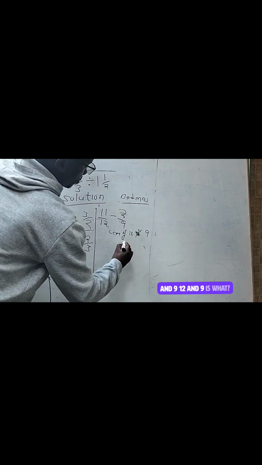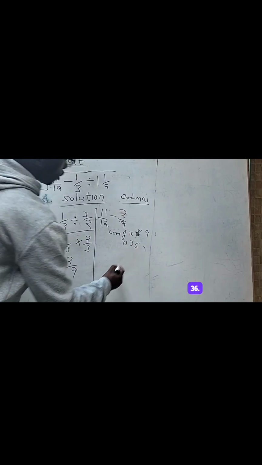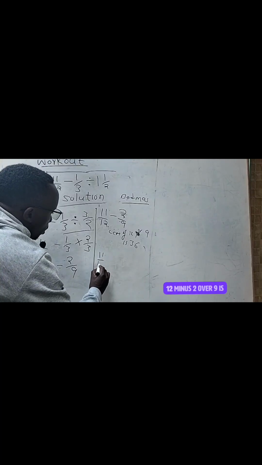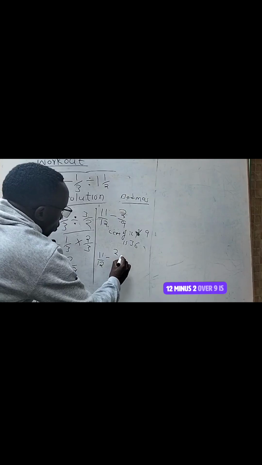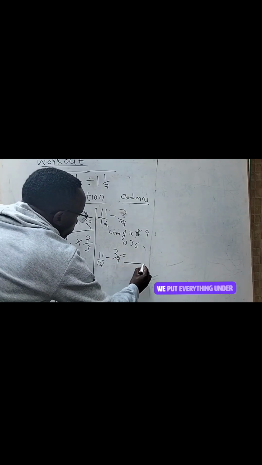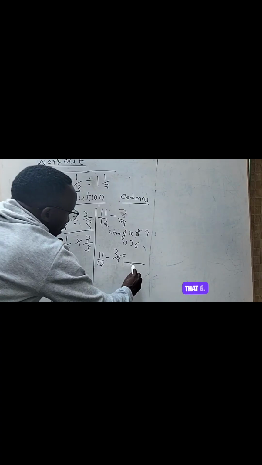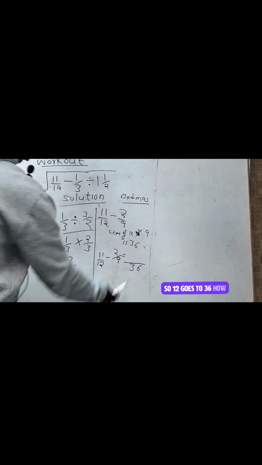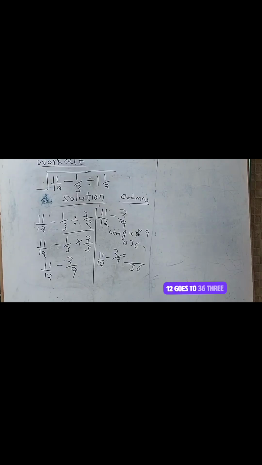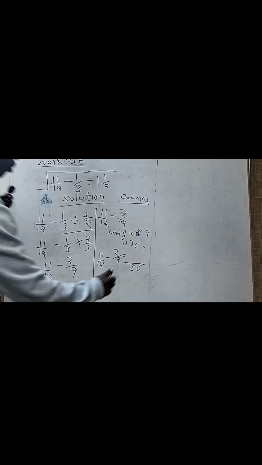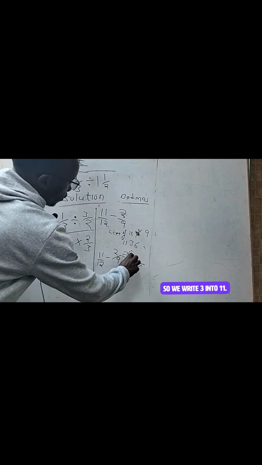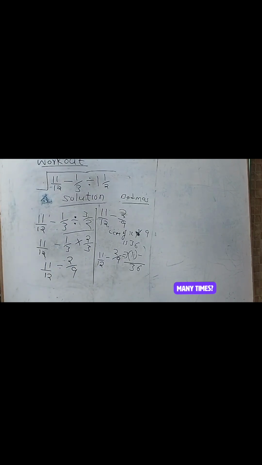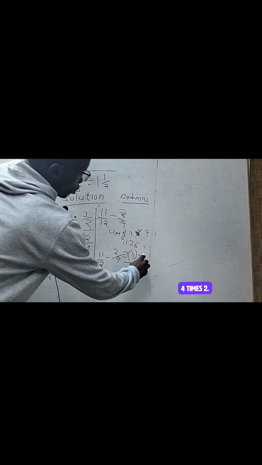The LCM of 12 and 9 is 36. So we come and say 11 over 12 minus 2 over 9 is equal to, we put everything under that 36. That is the LCM. So 12 goes into 36 how many times? 12 goes into 36 3 times. So we write 3 times 11. 9 goes into 36 how many times? It goes there 4 times, 4 times 2.